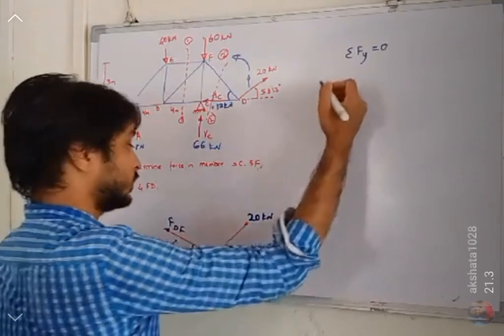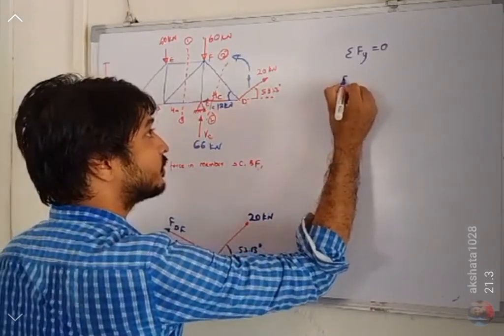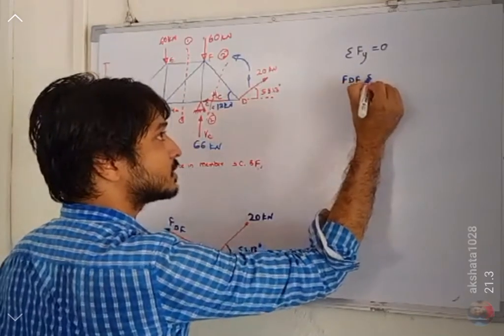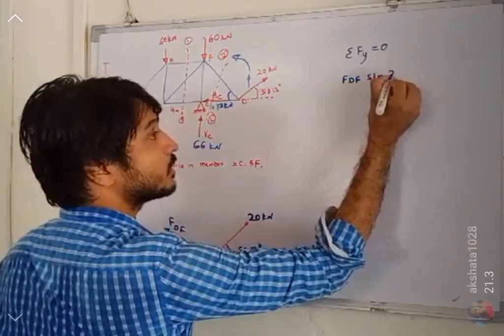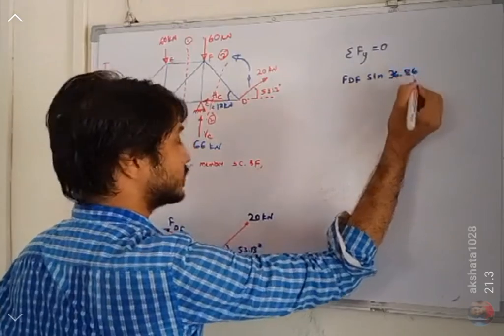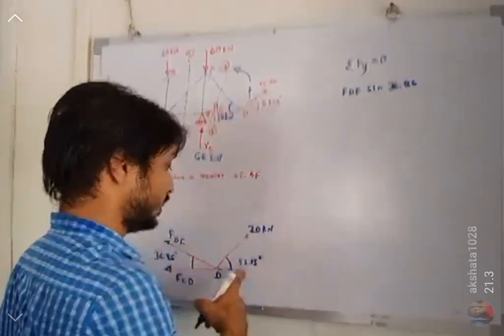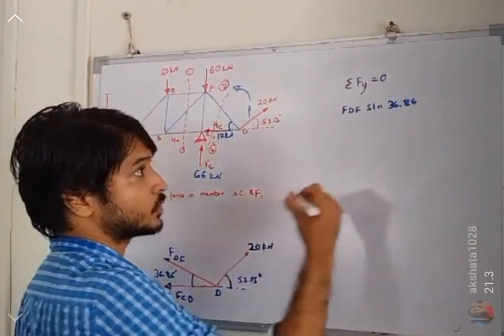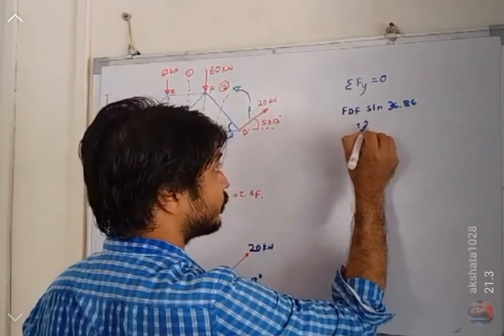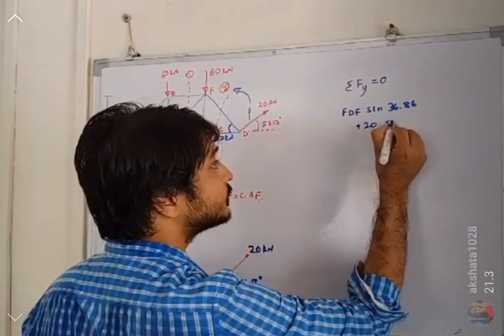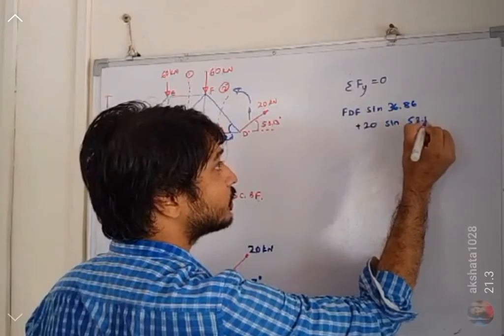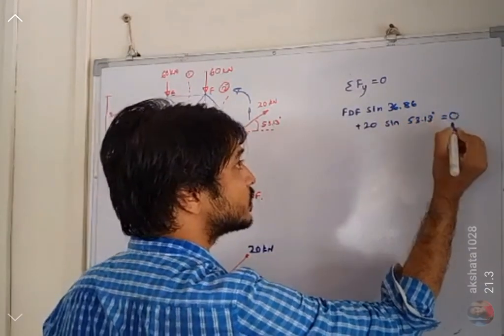FDF sine 36.86, which is in the positive direction, plus 20 sine 53.13 degrees, equals to 0.